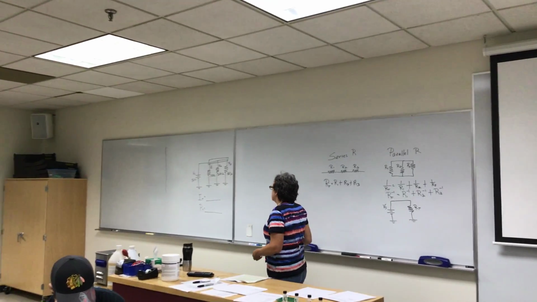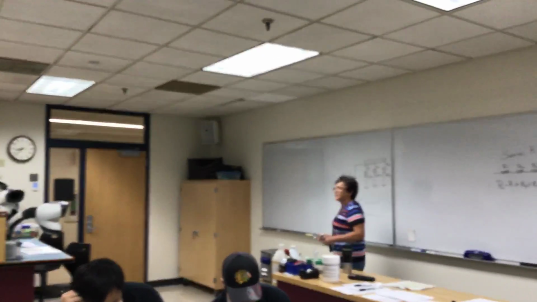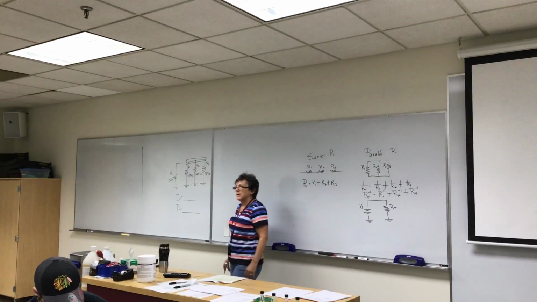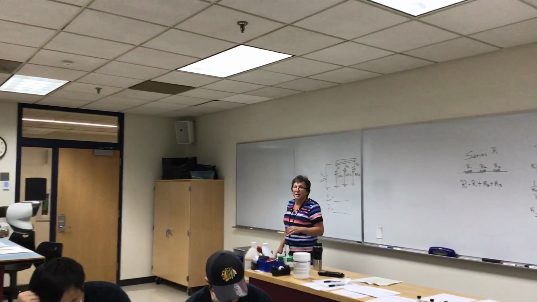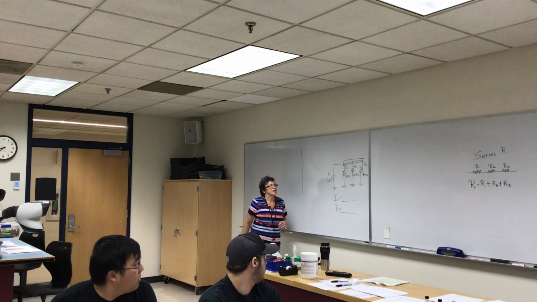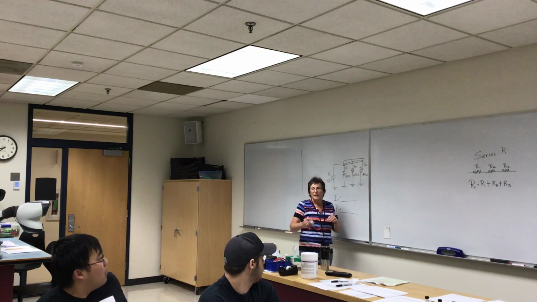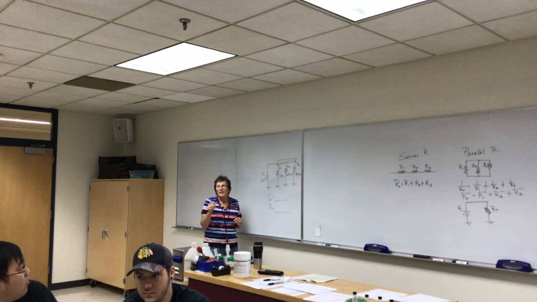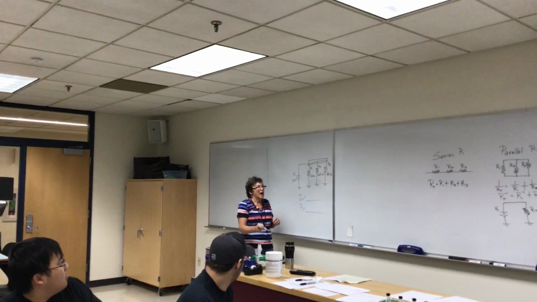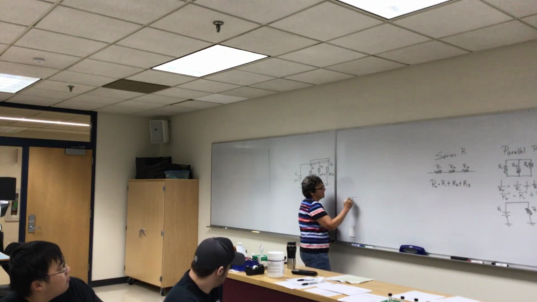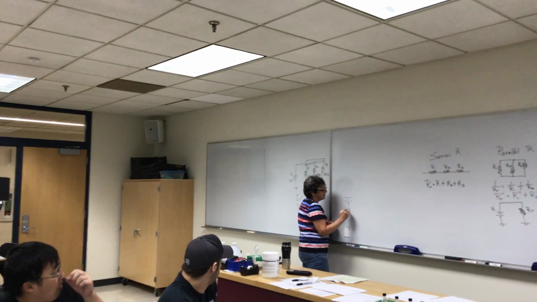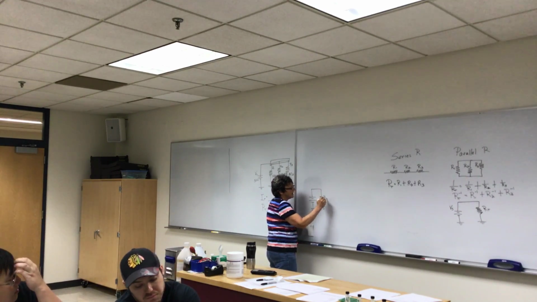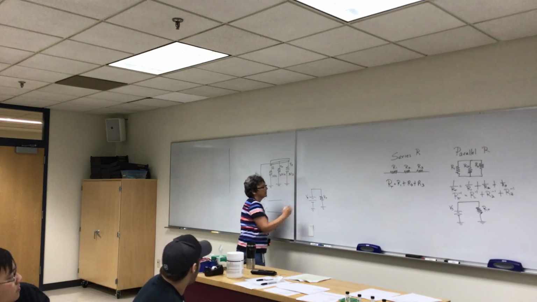So let's look at this. What would you do first, given that we have these equations? Plug the numbers in. Which equation? To find what? Find the current? Yes, we have to find the total current first, so we need RT and the voltage source.